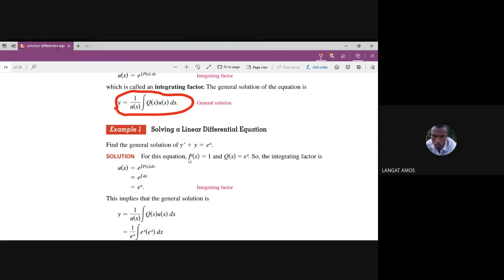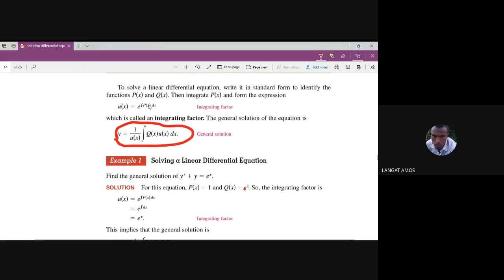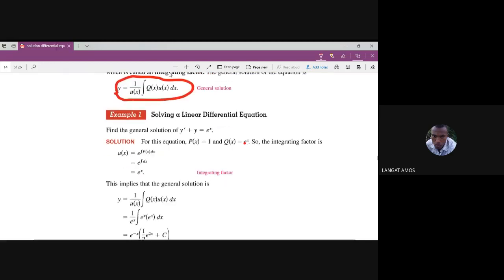For this equation, bx equals 1 and qx equals e raised x. So what was the integrating factor here? ux equals e raised to the integration of bx dx.